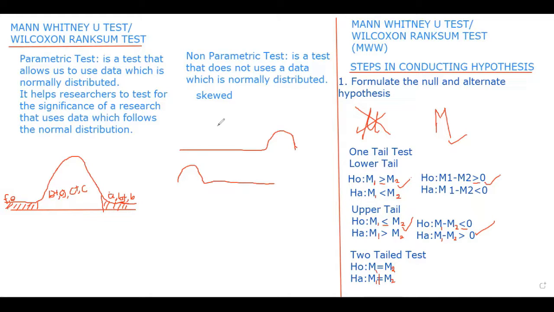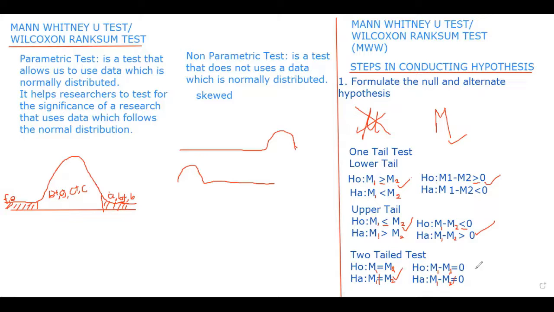You can write it in this way: bring all the M's to the left-hand side and send the 0 to the right-hand side.